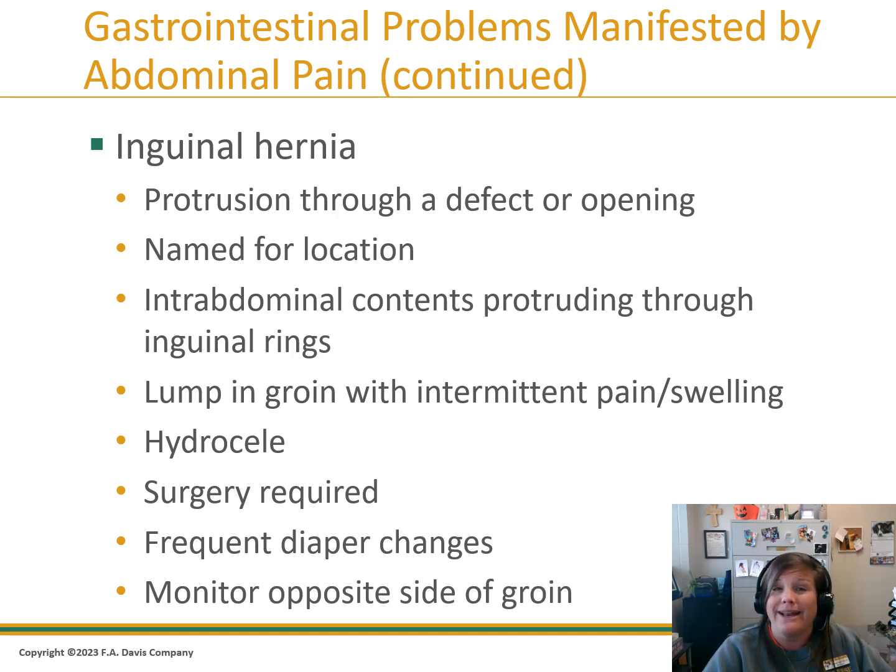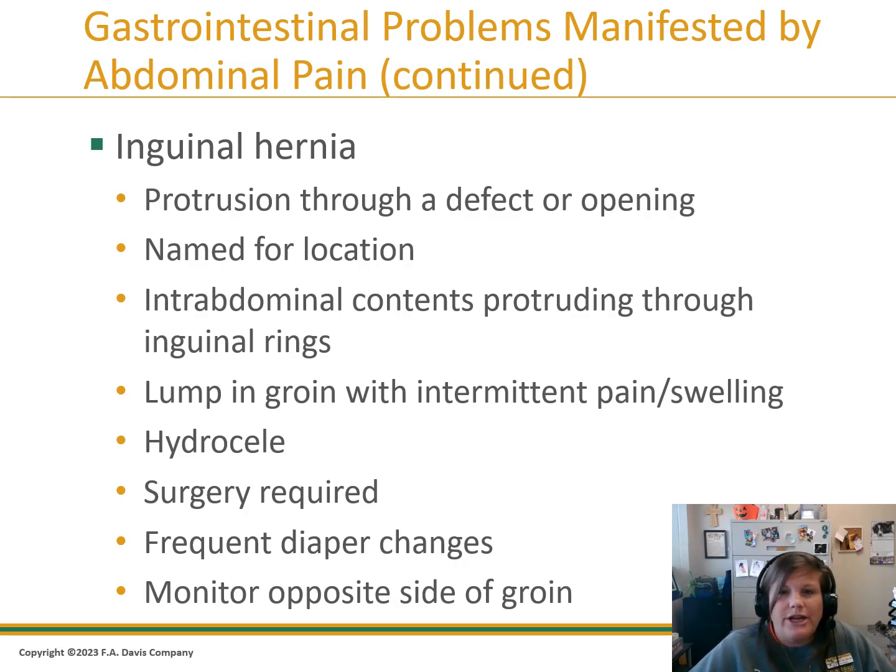There's a diaphragmatic hernia, so a hernia that occurs in the diaphragm. That's very dangerous, one that requires intervention like surgery and definitely close monitoring because it's affecting the diaphragm, which is impacting the breathing. So obviously a lot of danger in that if it's not treated and managed appropriately.